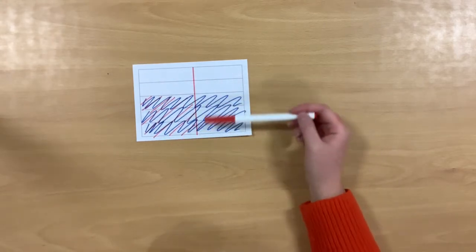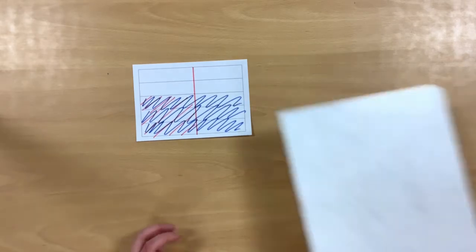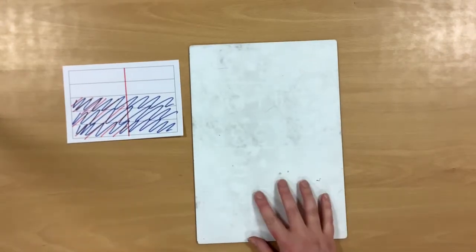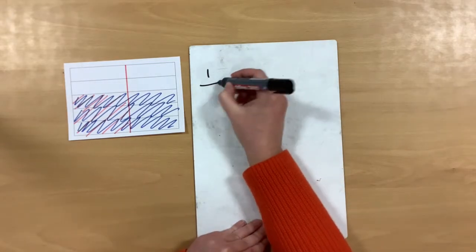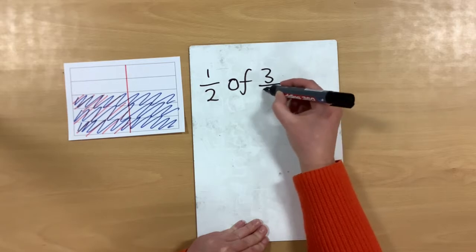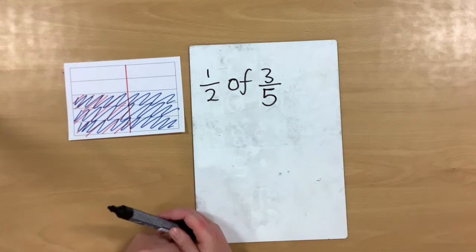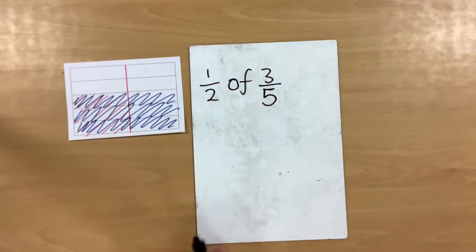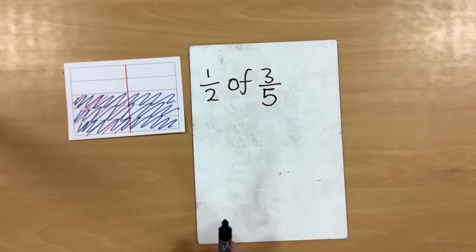Now we can work out how much she has coloured in both red and blue. The way that I can do that with a calculation is we're basically working out a half of 3/5, because we have 3/5 shaded blue and she shaded a half of them. So I'm trying to work out what a half of 3/5 is.